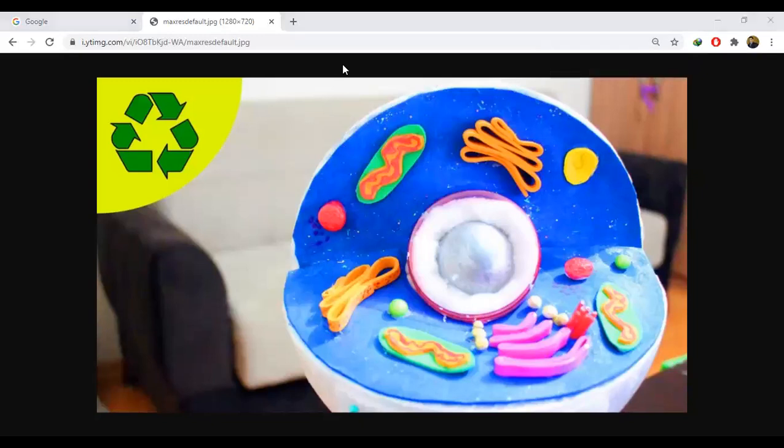Right. Can you tell what is this? Or this? Both are same.